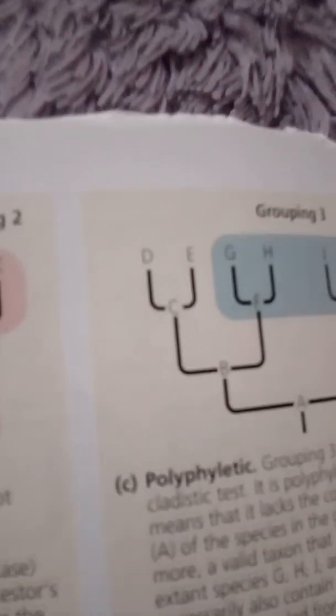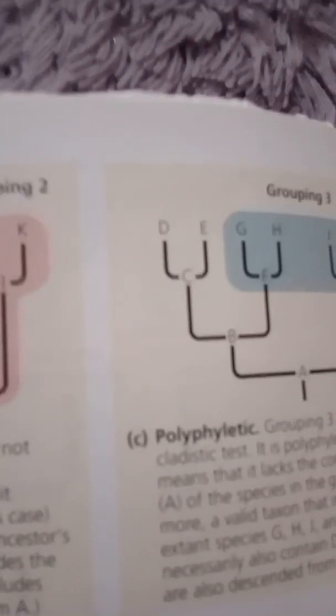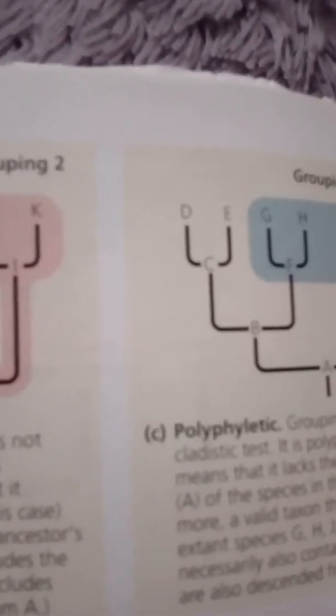For example, the cat family represents a clade within a larger clade that also includes the dog family. But not all groupings of organisms qualify as clades. A valid clade is monophyletic, meaning single tribe, signifying that it consists of an ancestral species and all its descendants.